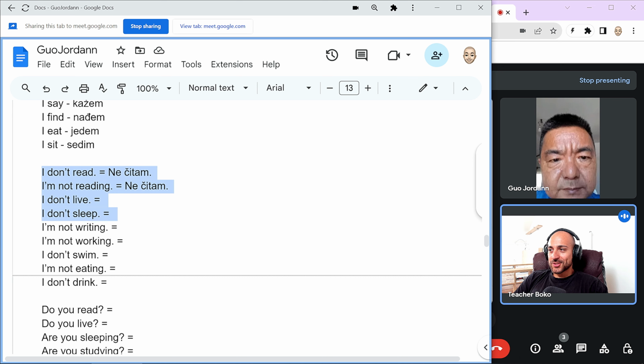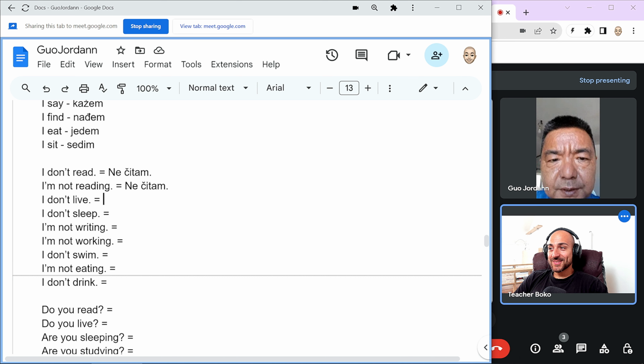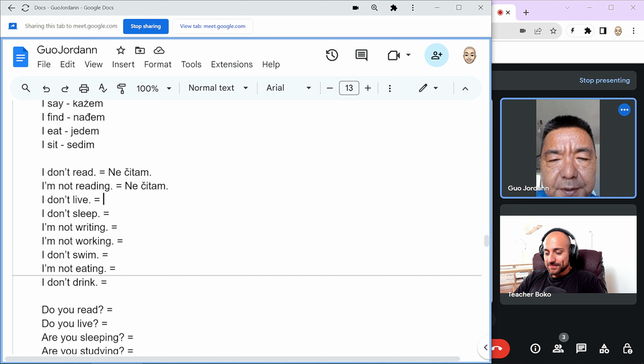Let's try the negative. So it's just constructed with ne. Ne čitam. Ne živim. Ne spavam. Ne pišem.